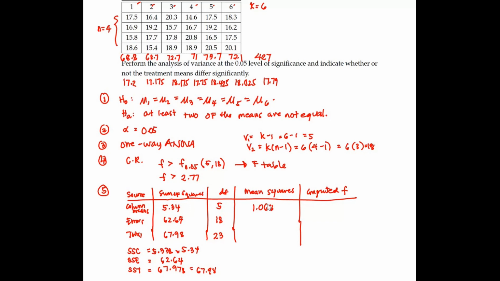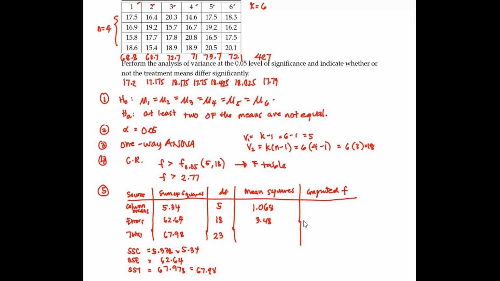Mean square, so 5.34 divided by 5 is 1.068. And then 62.64 divided by 18 is 3.48.